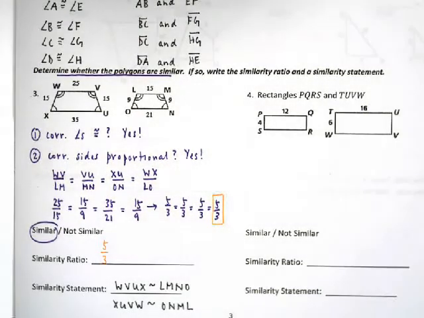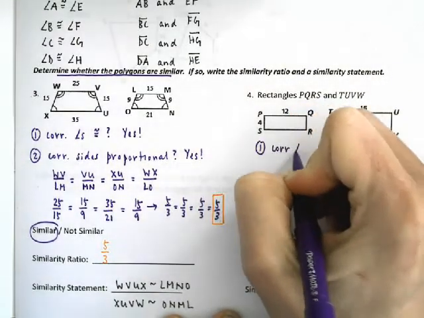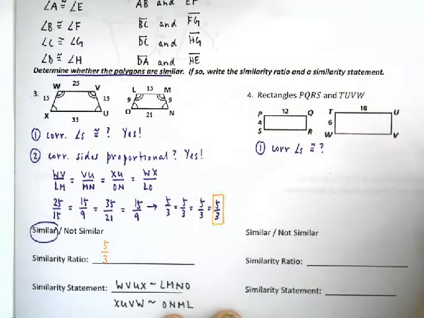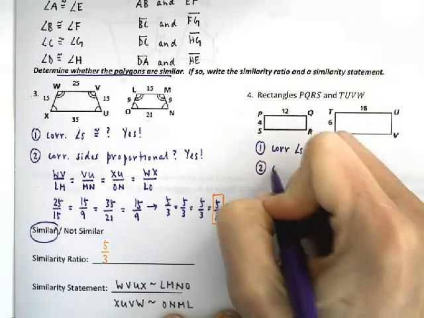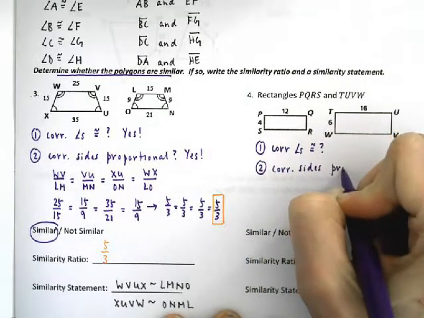Okay, so for number 4, again, we're deciding whether the polygons are similar. We need to answer 2 questions. We need to know are corresponding angles congruent, and we need to know if corresponding sides are proportional.